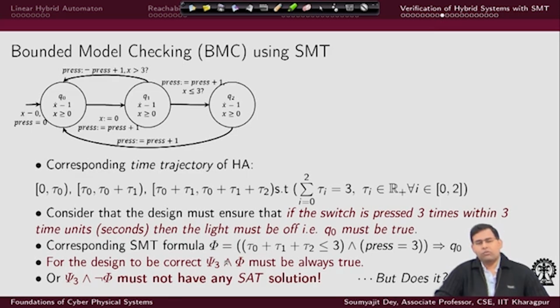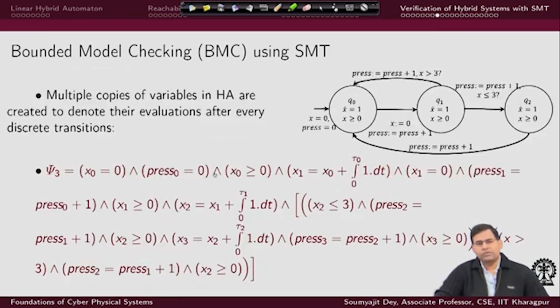That means whatever is my way of evolution, as long as the evolution is following this structure, that means I start from the initial state here and whatever is my choice of tau 0, tau 1 and tau 2, if I have to have 3 consecutive events here, it is like coming here and coming here. So, let us say I am forcing this path here, I am not going into that path.